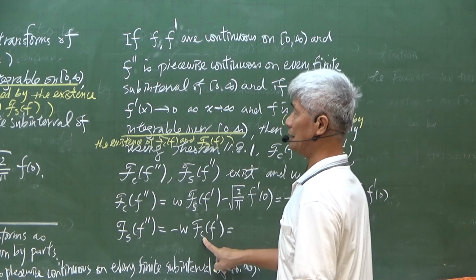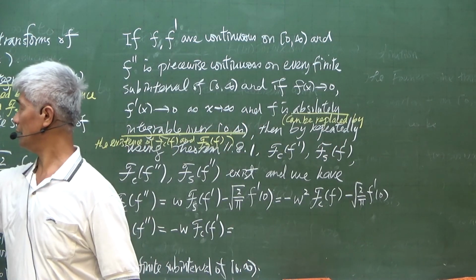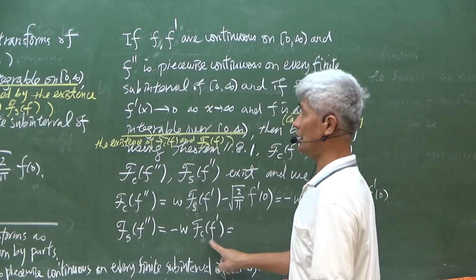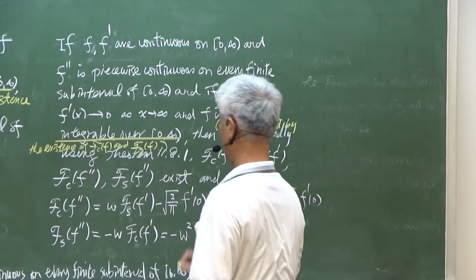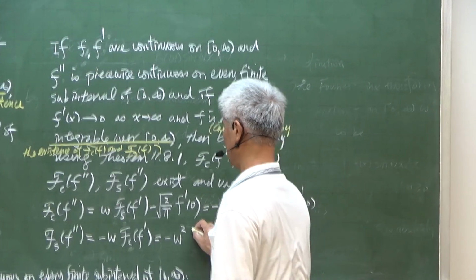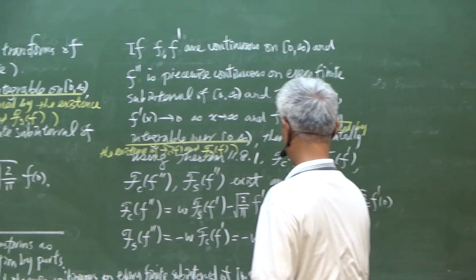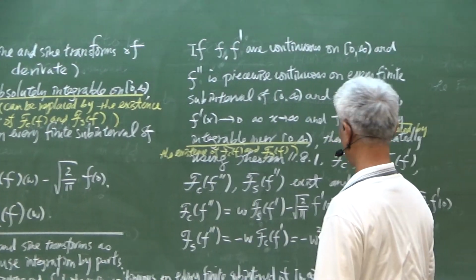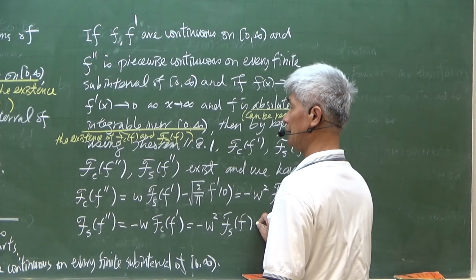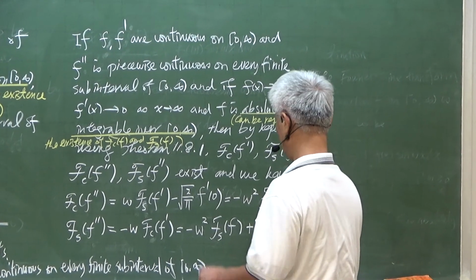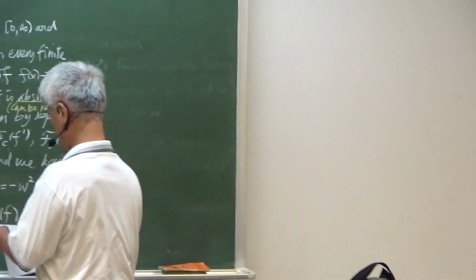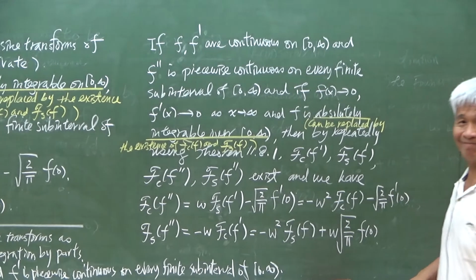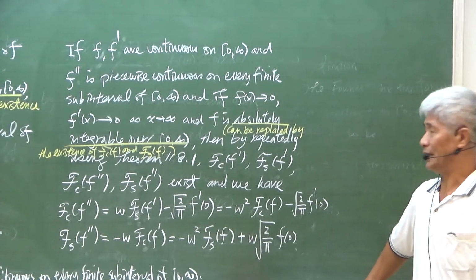But the Fourier cosine transform of f prime is equal to this one, so this will become minus w squared times the Fourier sine transform of f, plus w square root of 2 over pi f of 0.